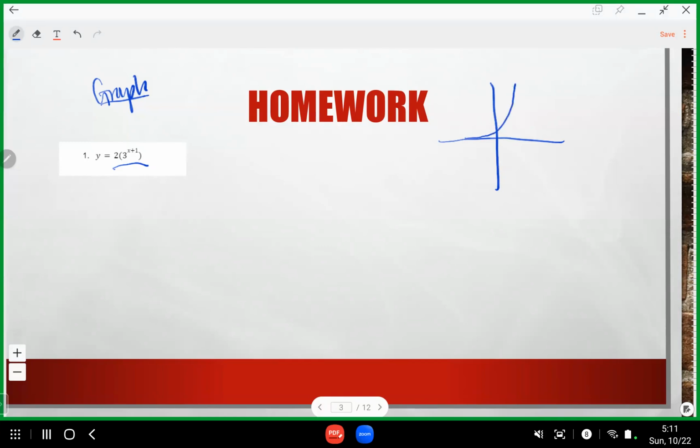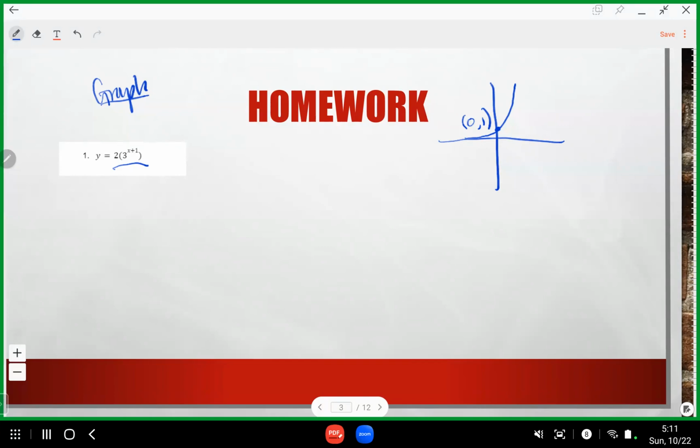What is the reference point here? 0, comma 1. Yeah, 0, comma 1, because anything to the 0th power is equal to 1. So therefore that is the reference point. Whenever x is equal to 0, then it's going to be equal to 1.